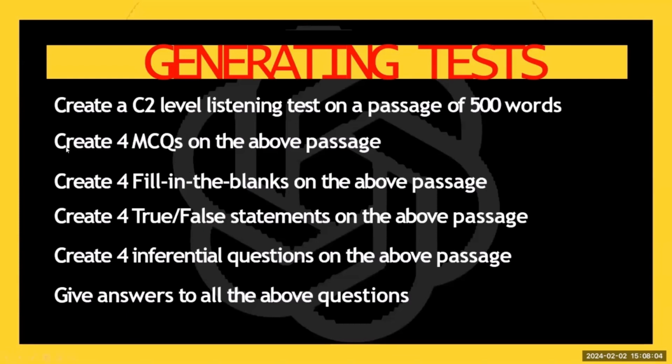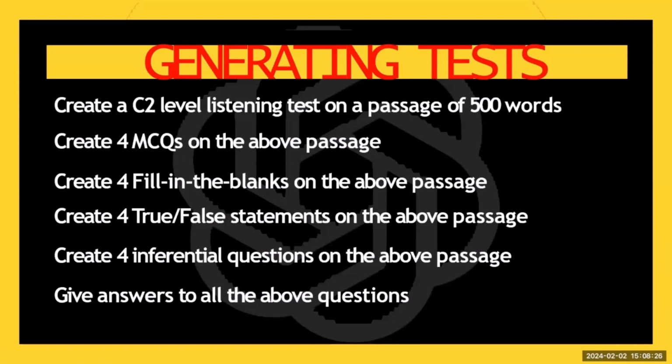And then, of course, I want ChatGPT to provide me the MCQs of the above passage. Now, as you might have seen, I have not given the instruction to ChatGPT at once. I have gone step by step. The first step I write, create a C2 level listening test on a passage of 500 words.